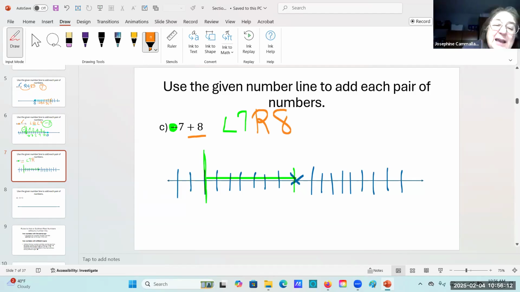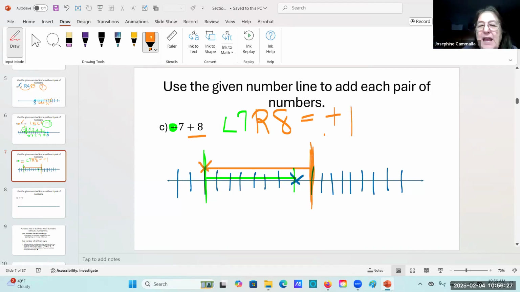From this side, I'm going 1, 2, 3, 4, 5, 6, 7, 8. This is a +1. I'm going more to the right than I am to the left. I passed 0, so it's got to be a positive number. Okay.